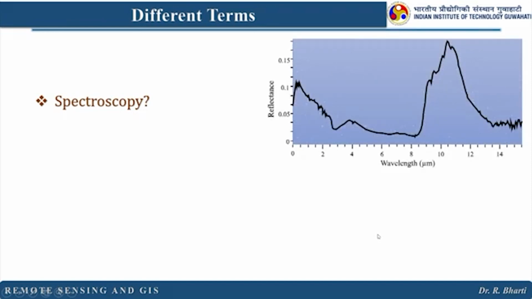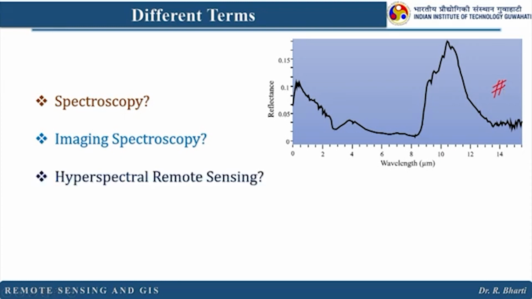So there are different terms which are used in remote sensing. Spectroscopy: basically we derive spectral information and then we analyze it, so this is only related to your spectra, right. Next is imaging spectroscopy.